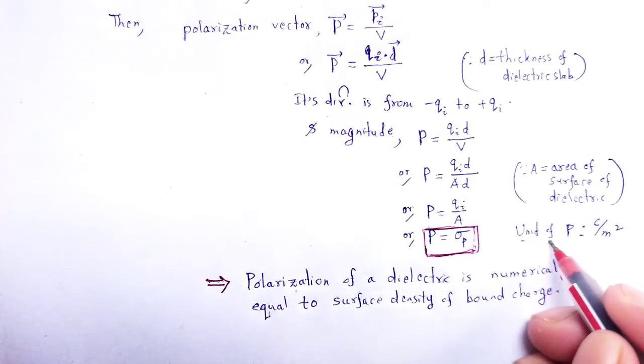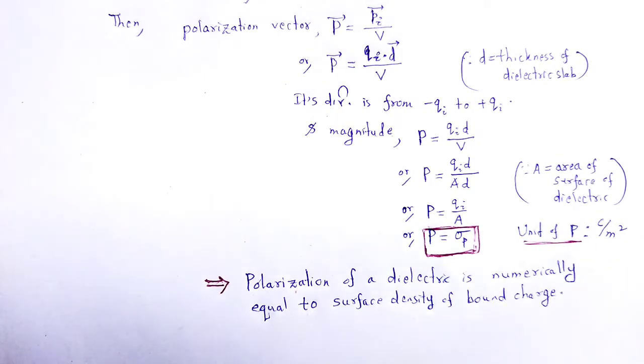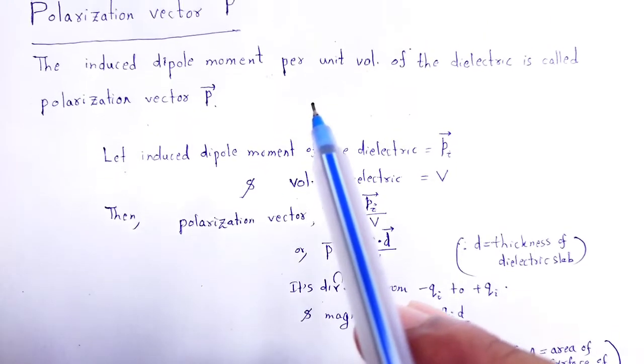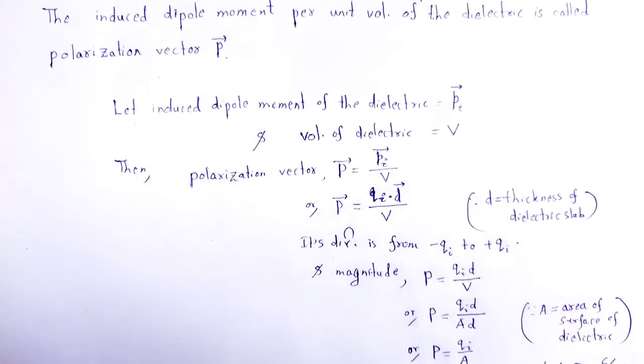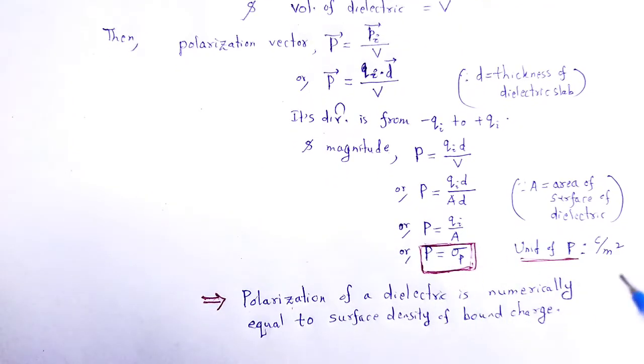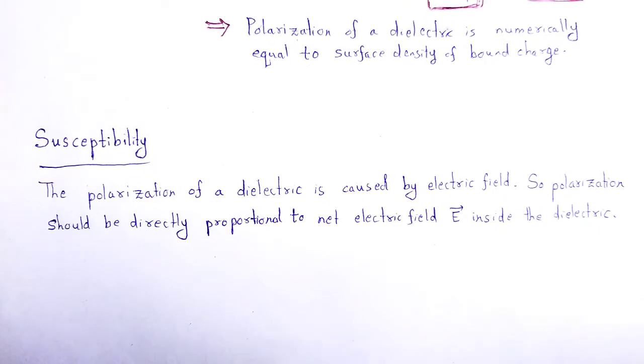Here the unit of P will be coulomb per meter square. In this way, we define the polarization vector P, which is equal to the surface density of bound charge. Now, the concept of susceptibility.